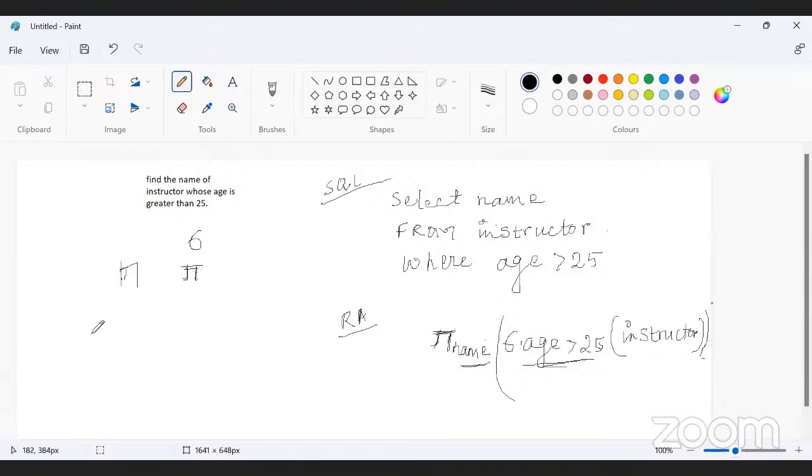Suppose the question is like find all the details of the instructor. So suppose the instructor table has id, name, address, and the salary, right?